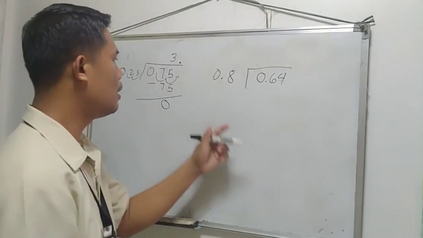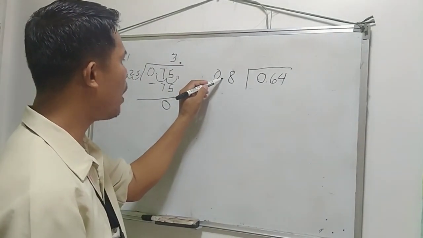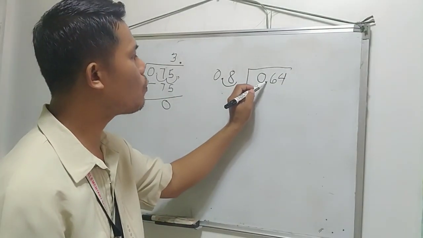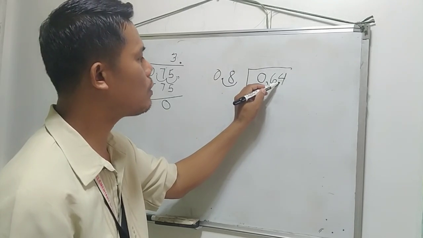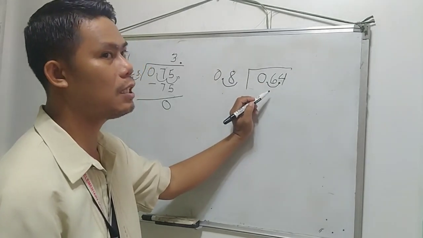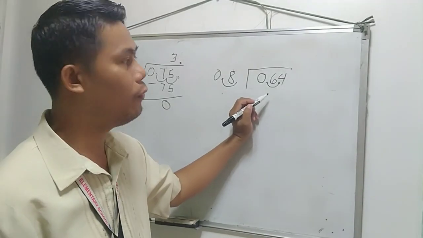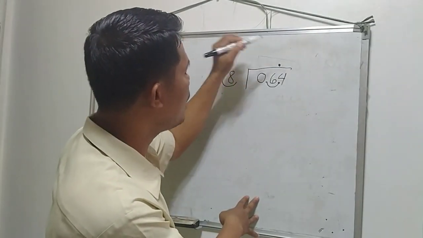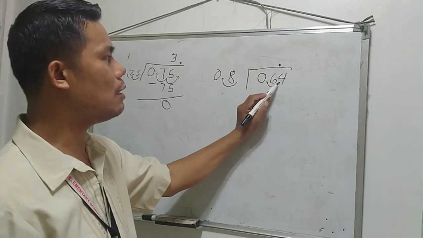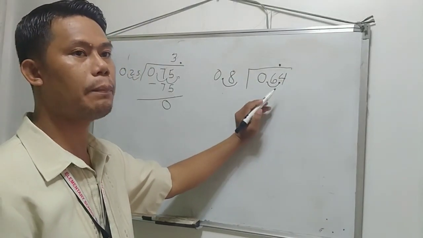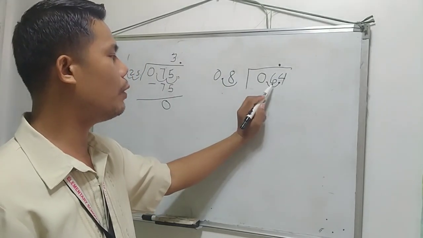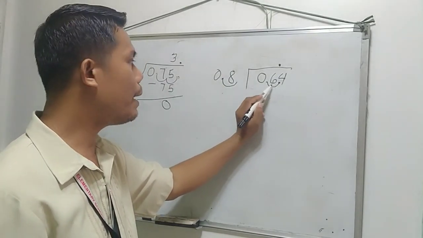For number 2, we have how many 8/10 are there in 64 hundredths? So, we have 64 hundredths divided by 8/10. Okay, look at this, 8/10. So, we are going to move one place only. Then, we move also one place here. So, that is why our decimal point is between 6 and 4. So, you're going to write the decimal point here. Now, since 6 and 4 are separated by the decimal point, we are not going to combine 64.